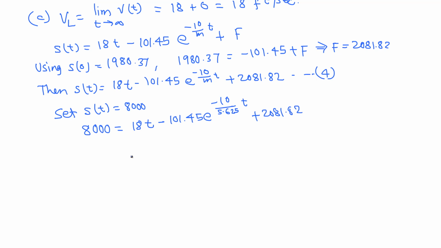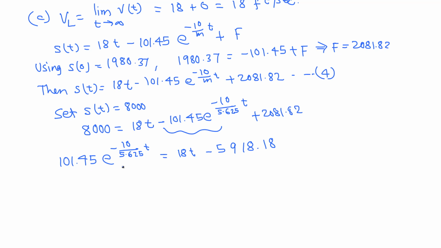2081.82. Now let's put the exponential function alone and the others on the other side. So bring this to the left side, move this to the right. So 101.45 e raised to negative 10 over 5.625 t equals 18t plus 2081 minus 8,000, and that's negative 5,918.18.